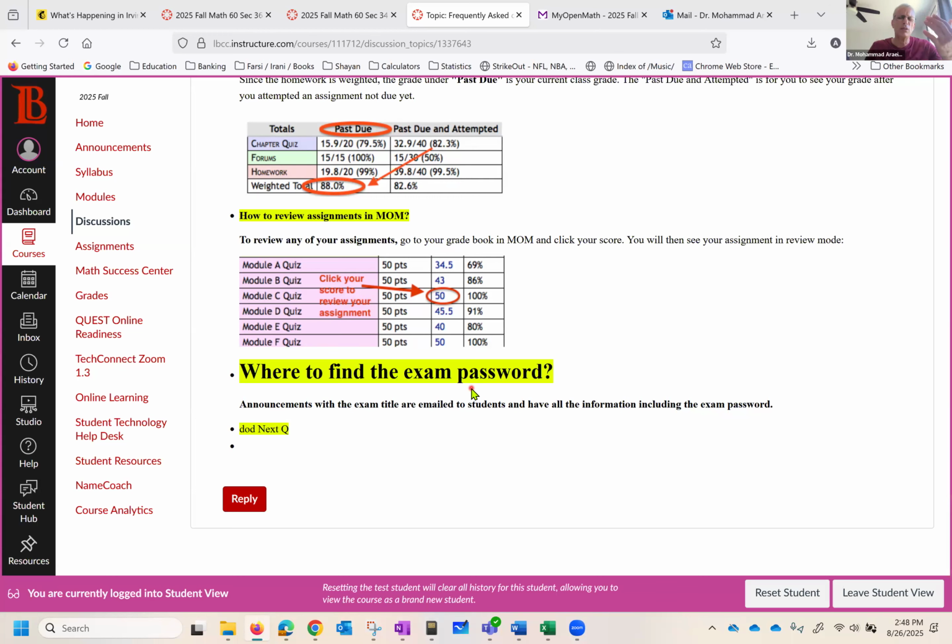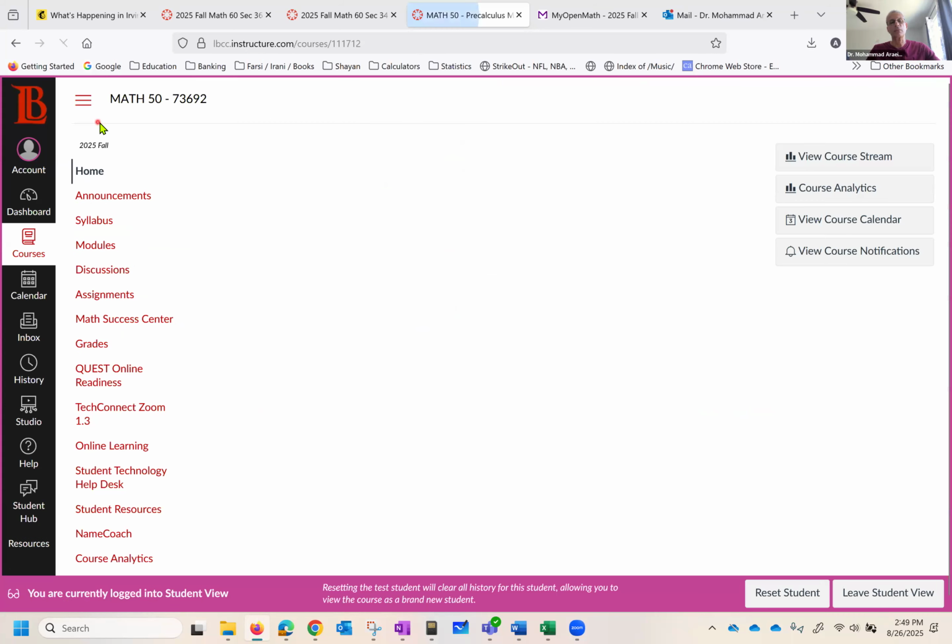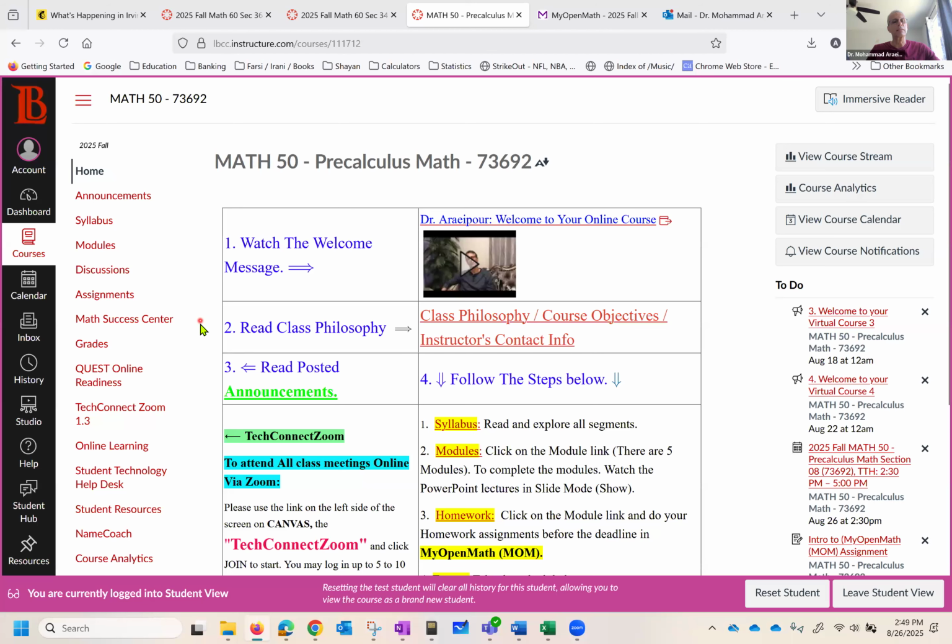It will be emailed to you on the week of the exam with the topic exam 1, 2, 3, 4, whatever, and it has all the information, including the password. If you miss that, you can find it under the announcements. That's the discussion. The next thing I want to look at before I go to modules, which has got everything, again, Math Success Center, you can find it right here.